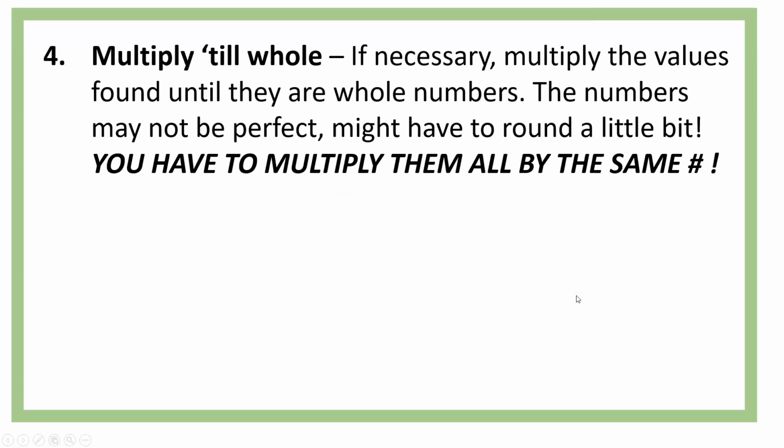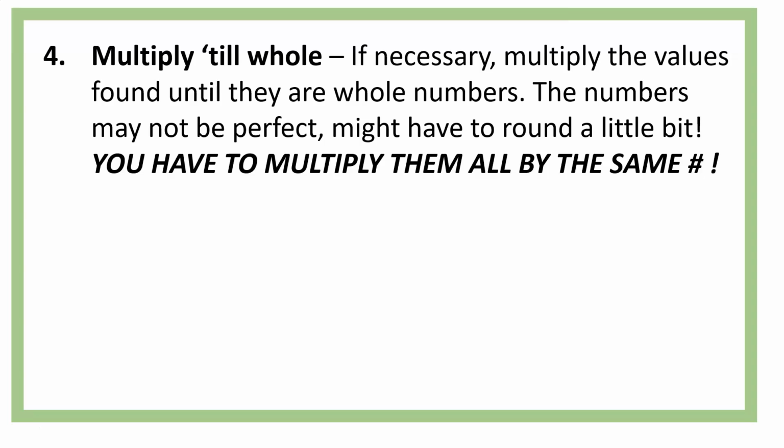We have to take those ratio numbers we found and get them to be whole numbers. If I do something to 1 element, I have to do it to all of them. If I multiply something by a 4, they all have to get multiplied by 4. If I multiply by a 2, they all have to get multiplied by 2. So whatever you do to one, you have to do to all of them.